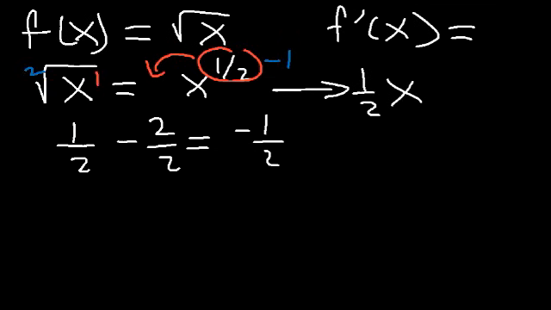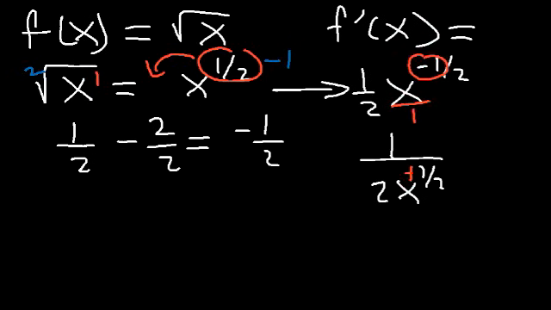So this is 1/2 x raised to the negative 1/2, which is the same as 1/2 x to the 1/2 on the bottom. If you move the x from the top to the bottom, the negative sign will now become positive. And we know that x to the half is square root x. So the final answer should be 1/2 root x.